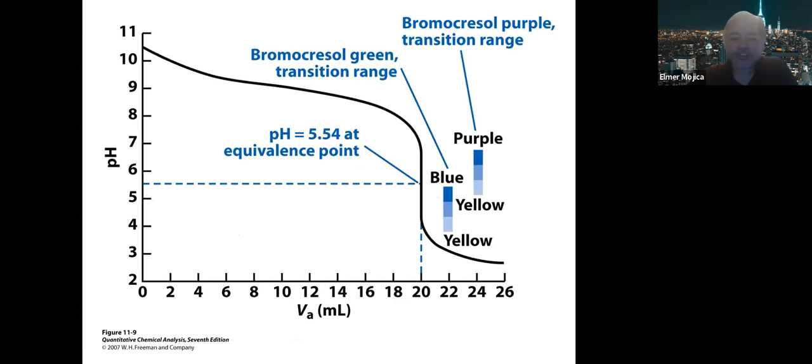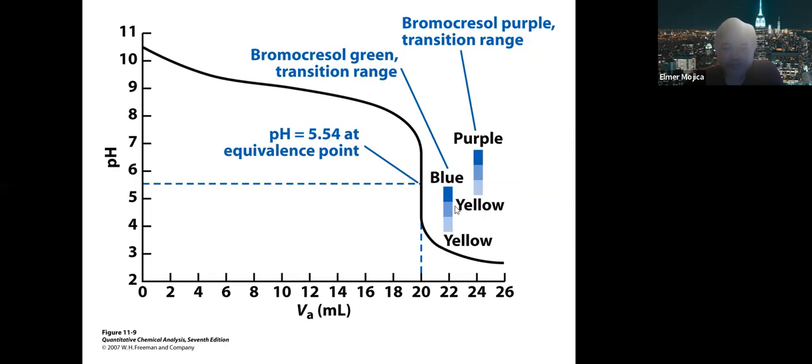So if you're going to look at how to choose the right indicator in an acid-base titration, you always have to look at the transition, the pKa, where they change color. For instance, you have a titration with an equivalence point of 5.54. You have to use an indicator that transitions above and below 5.54.